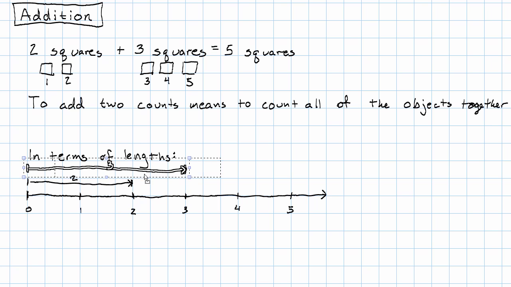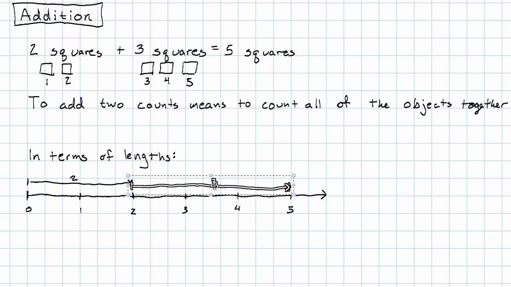So I'm going to pick it up and set it down so that it begins where 2 ends. And we see now that these combine to give a length of 5.